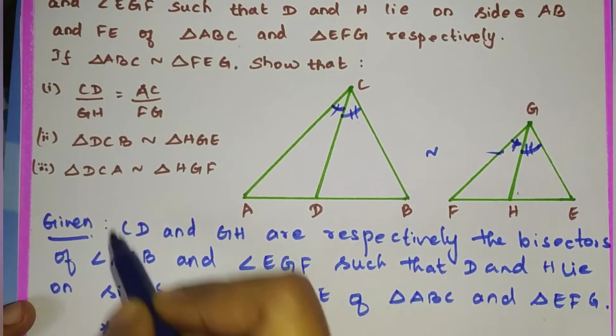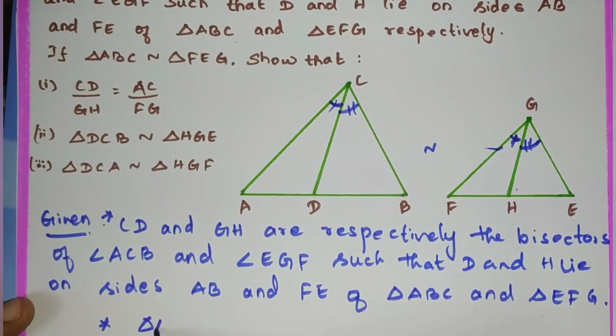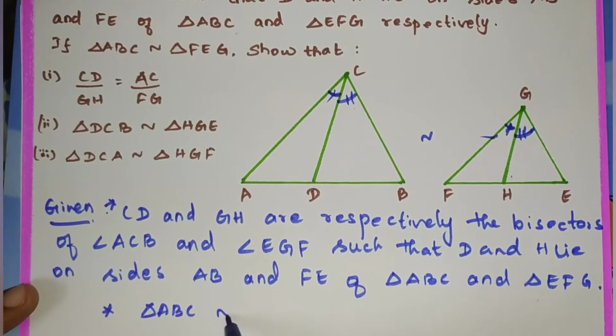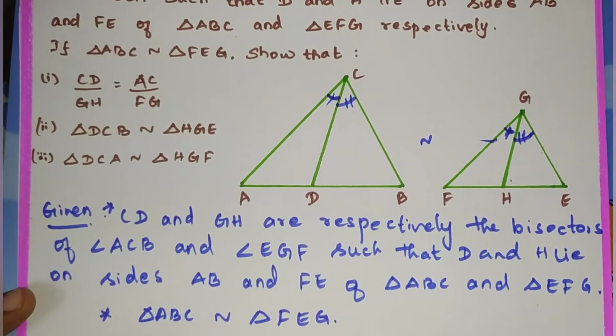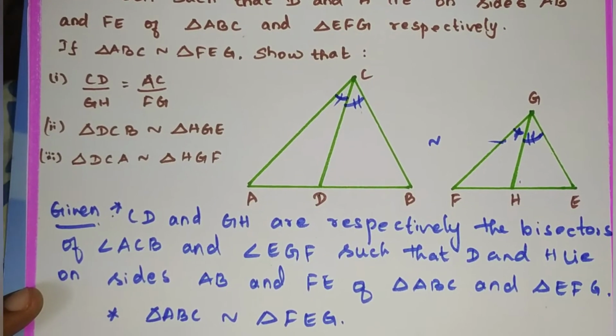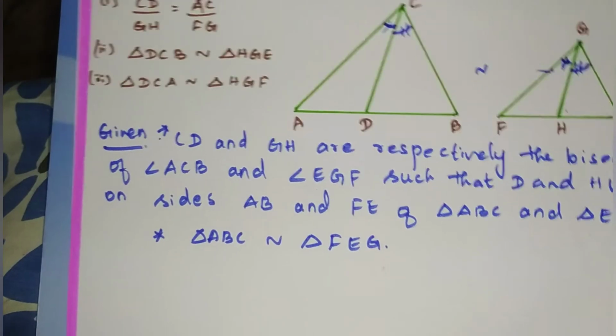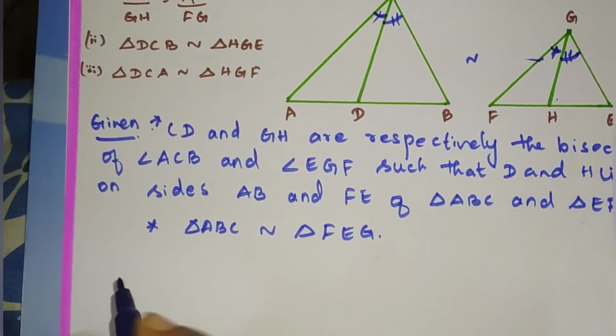And one more thing, that is triangle ABC is similar to triangle FEG.